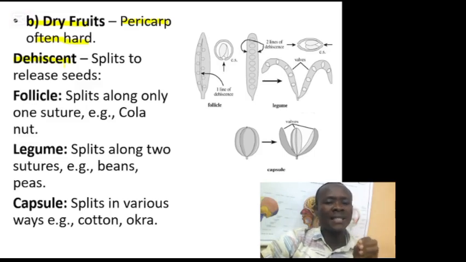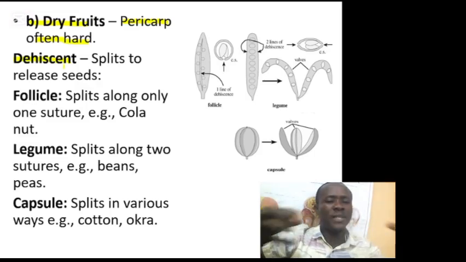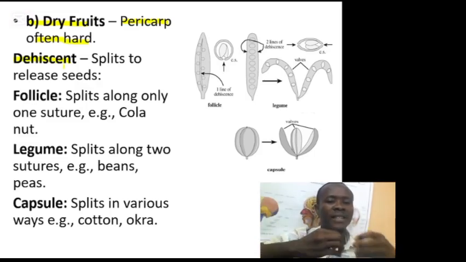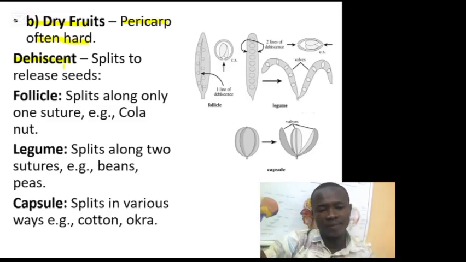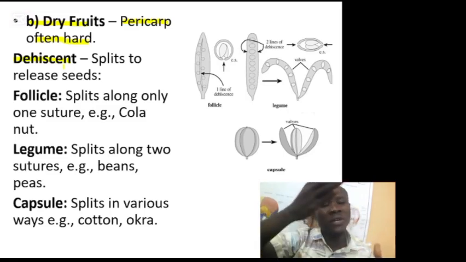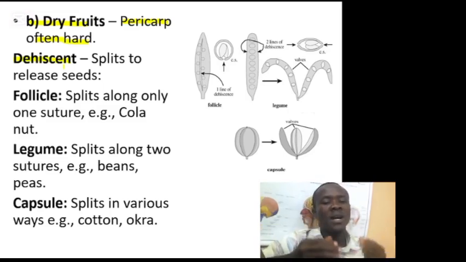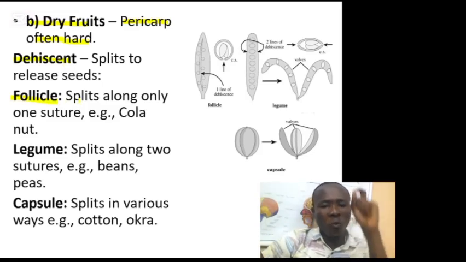So dehiscent means to split. If we talk about dry dehiscent fruit, that means these fruits split in order to release their seed. So we have various types of the dry dehiscent fruits. They can be follicle. The follicle splits along one suture, just along one line, like we have in kola nut.